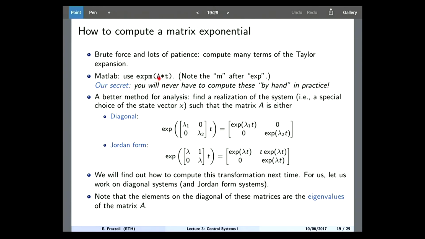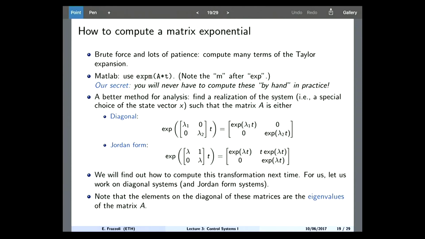I did it several times. If you just write exp A, then unbeknownst to you, what you're getting is not the matrix exponential, but the matrix containing the exponentials of the elements of the matrix, which is a very different thing. Pay attention, but make an effort to remember to put this m.